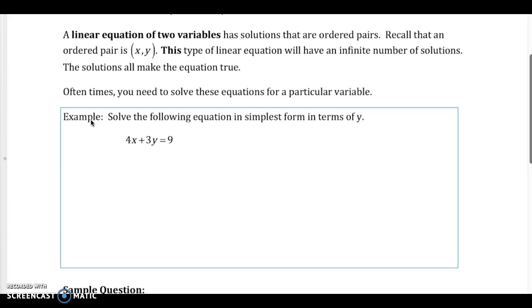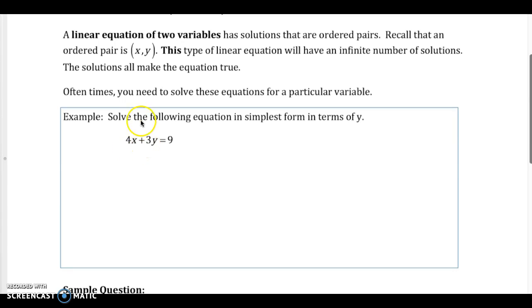Because we don't know what x is, we are not going to be able to tell exactly what y is. We can't identify it as a number. But we can rearrange this equation so we have y equals something.